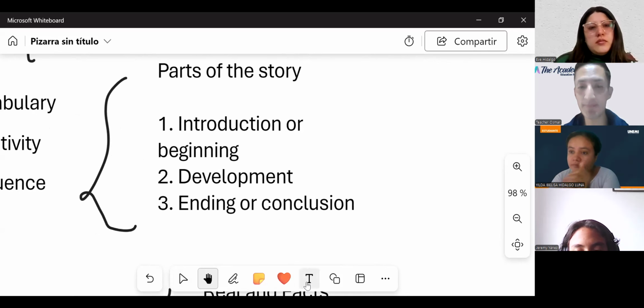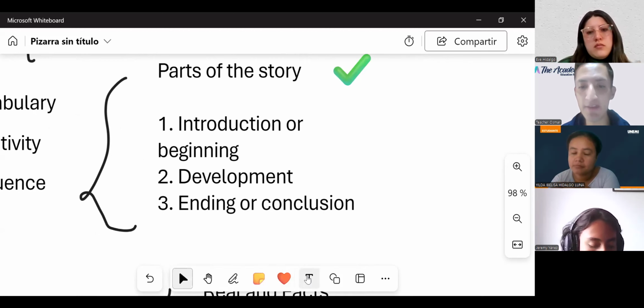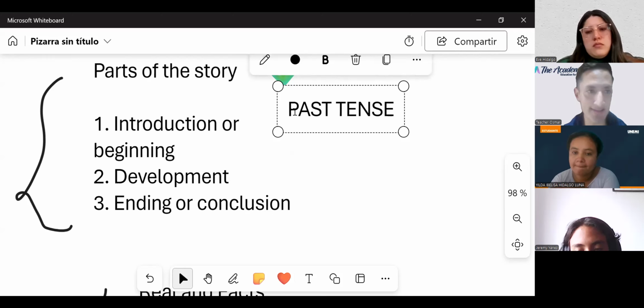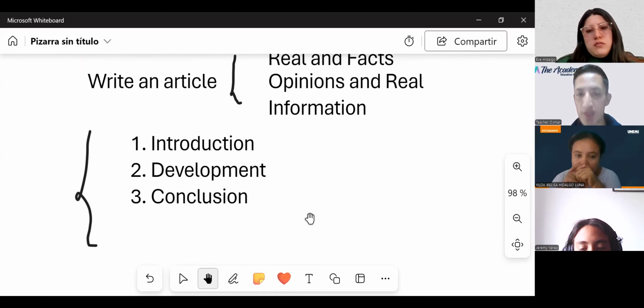And remember, something that I forgot to tell you about the story. In the case of a story, everything must be in past tense, okay, past tense. For the article, my dear students, remember introduction, development, and conclusion.